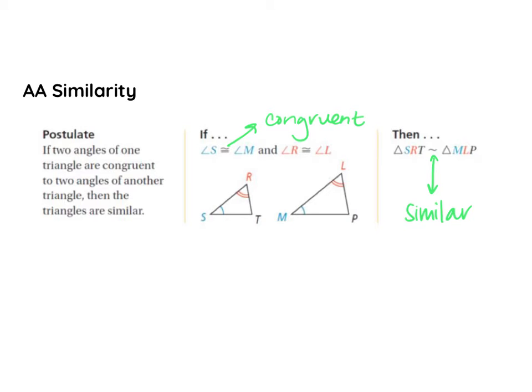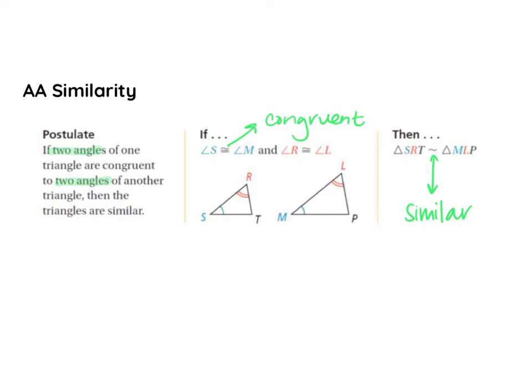Okay, so angle similarity just says if we have 2 angles in one triangle that are congruent to 2 angles of another triangle, then the triangles are similar. So you can see in this picture here, S is congruent to M and R is congruent to L. And so that is enough information to say that triangle SRT is similar to triangle MLP.